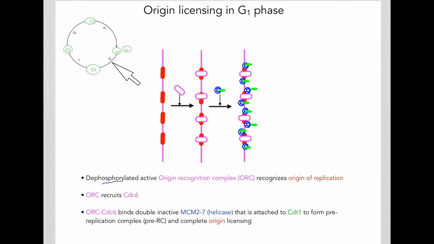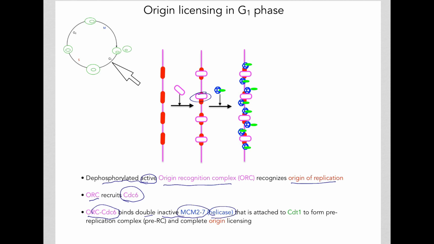The dephosphorylated active form of the origin recognition complex protein, ORC, will recognize the origins of replication and bind to it, and then the ORC will recruit the dephosphorylated CDC6. In the next step, the ORC-CDC6, shown here, will now bind the double hexamer of inactive MCM2-7, which is basically the helicase.